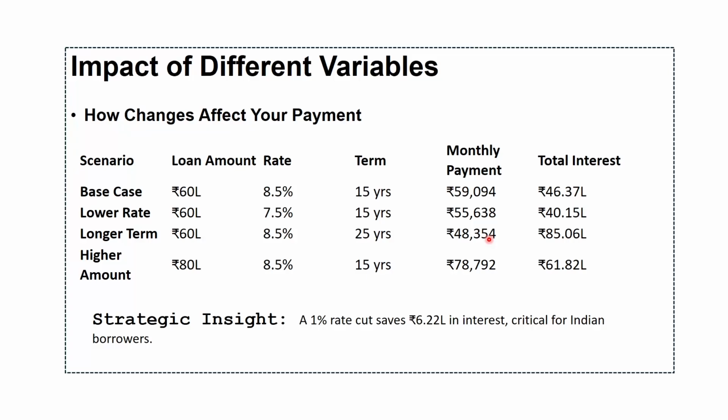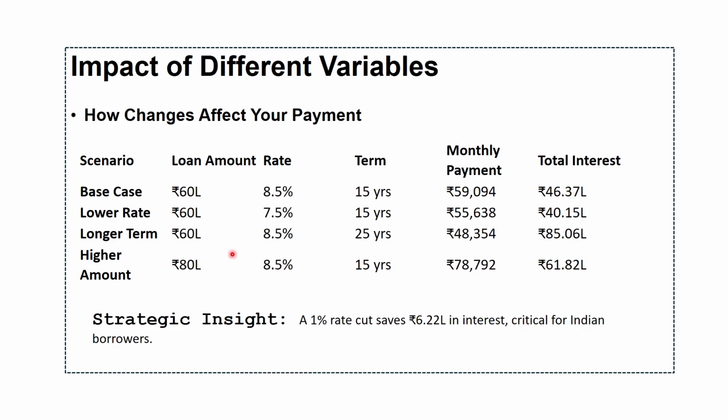Then coming to the impact of different variables. The base case here is 60 lakhs, 8.5%, and a term of 15 years. Monthly payment translates to 59,094, and the total interest is 46.37 lakh.